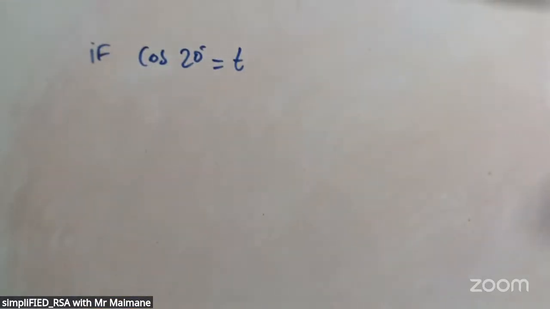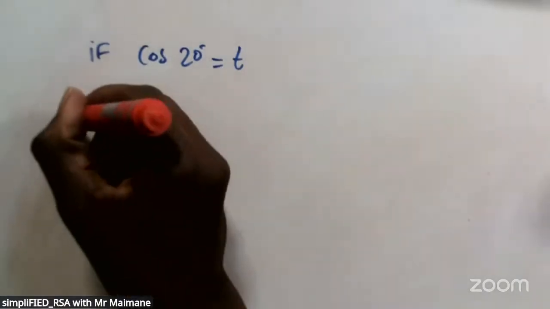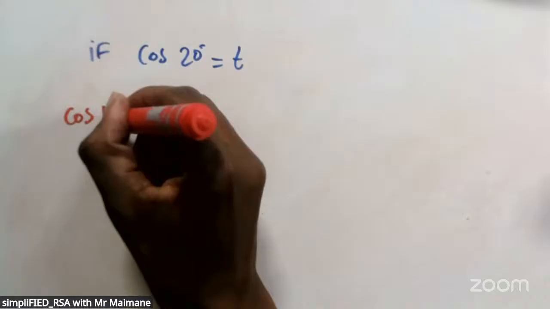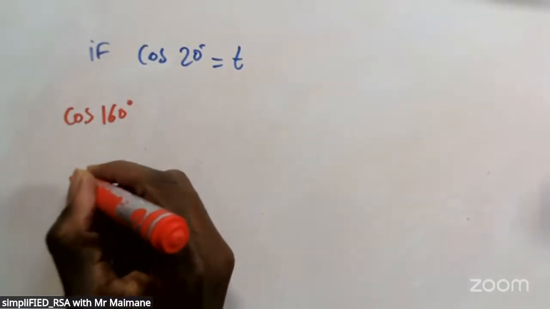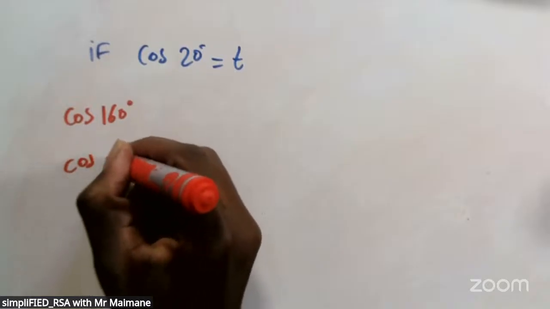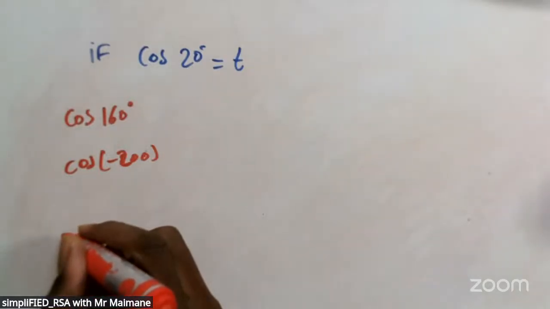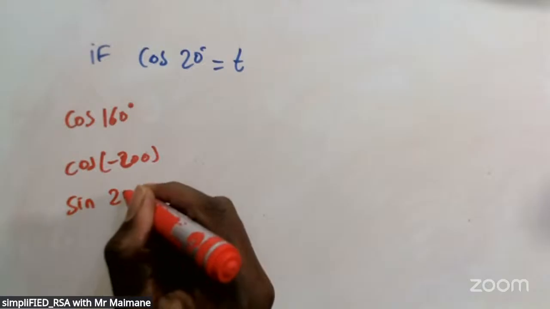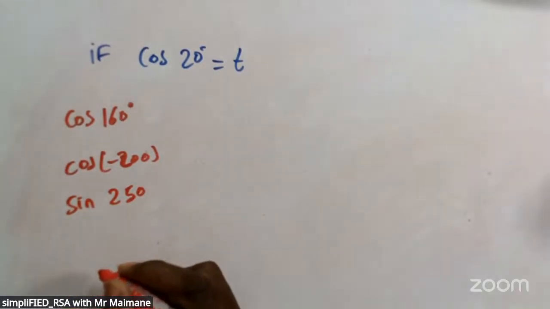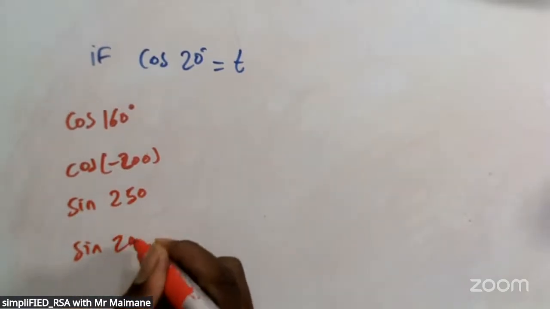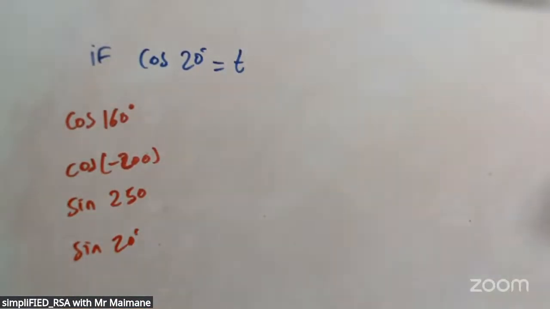The following that they gave us, I'm going to put them down here: cos 160 degrees, cos of minus 200 degrees, sine of 250 degrees, and then sine of 20 degrees. Then we have to write all these in terms of t.